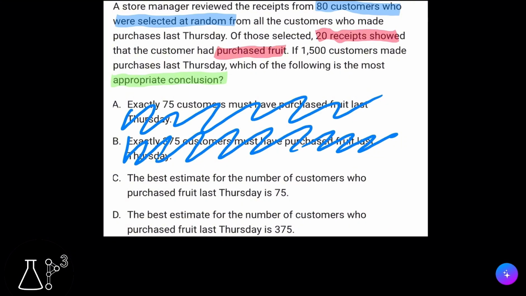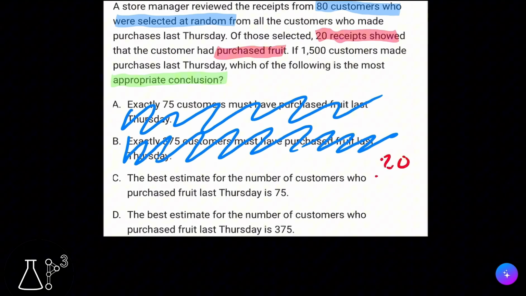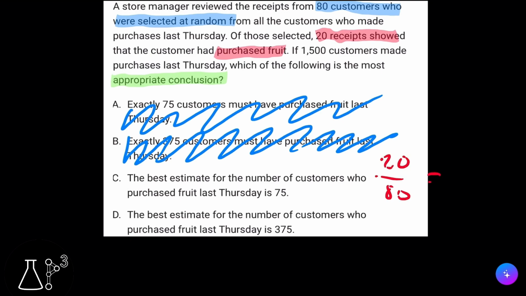So if I do 20 divided by 80, and plug it into a calculator, I'm going to get 25% or 1/4. And this shows the fraction of people in the random sample who purchased fruit on Thursday. So I'm going to do 0.25 times 1,500 to figure out how many people on Thursday purchased fruit.